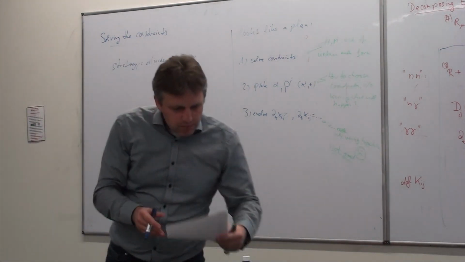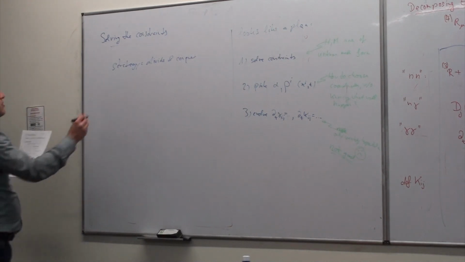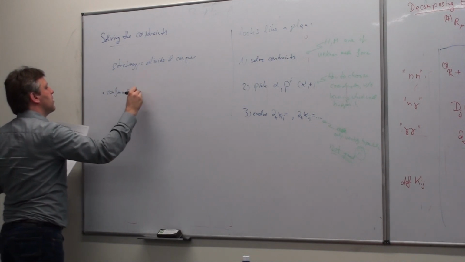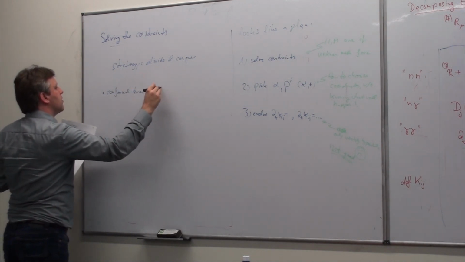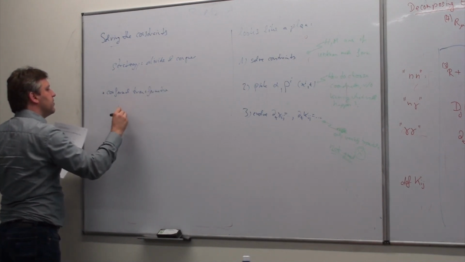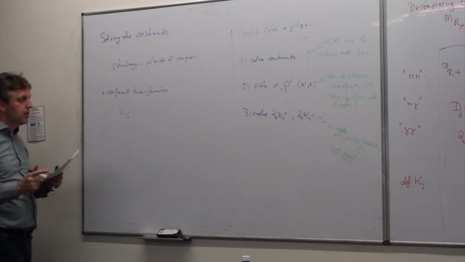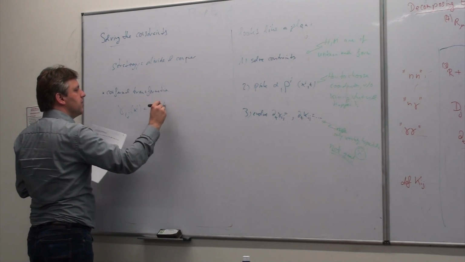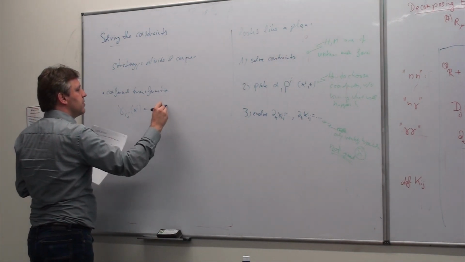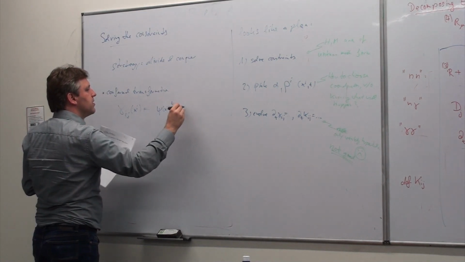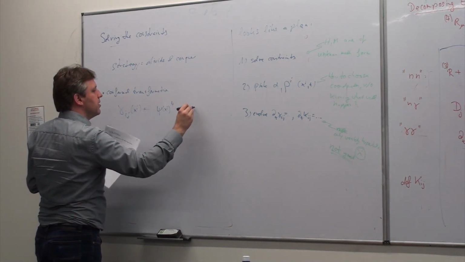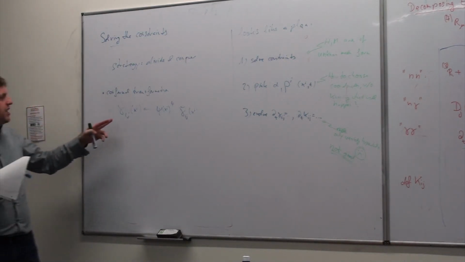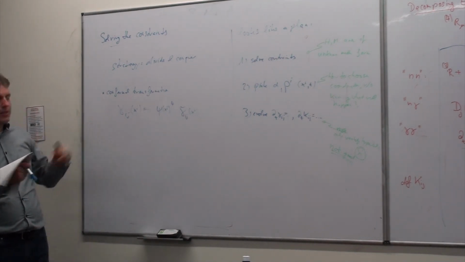It turns out step number 1 is a conformal transformation. You write the physical metric gamma ij, which is a function of space, as a conformal factor to the 4th power times a conformal metric, which can also be a function of space. So we're just splitting off an overall multiplicative factor of the metric.